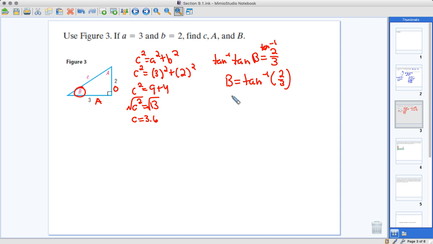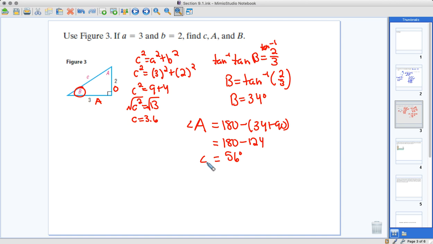I get 34. I'm going to round to whole numbers just because degrees are easier in whole numbers. Then to find angle A, again 180 minus 34 plus 90. So 180 minus 124, you get 56 degrees.